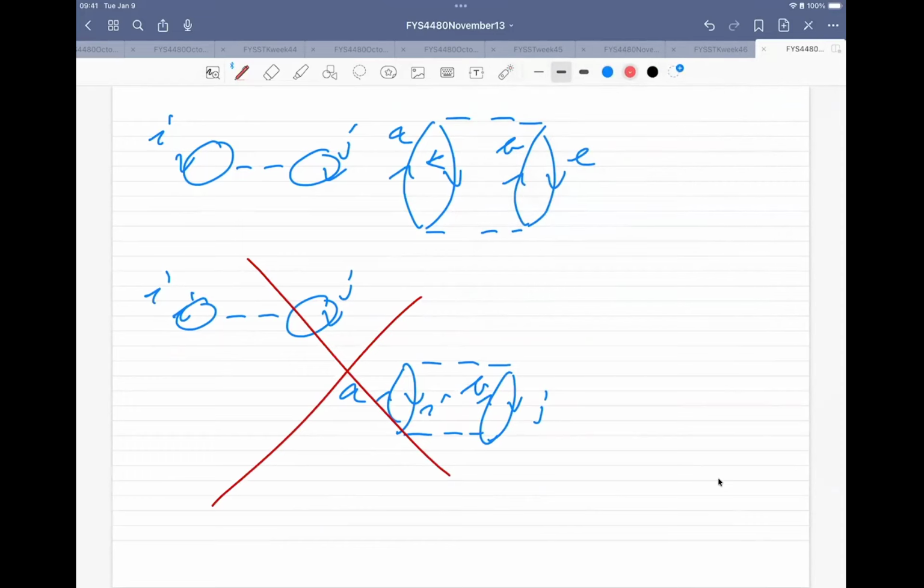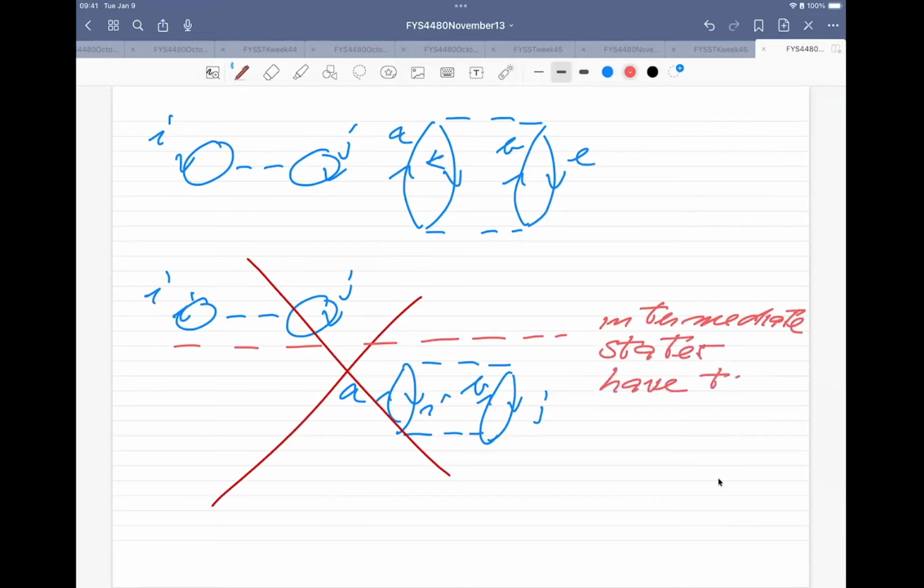The intermediate states here have to belong to the excluded space, have to belong to Q, this operator which we then defined as the outer product between these two states here.